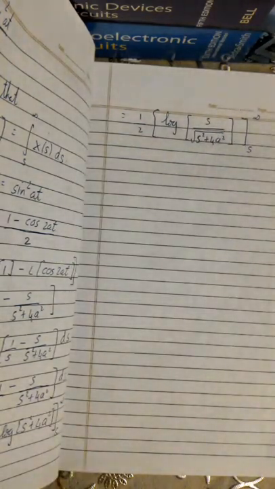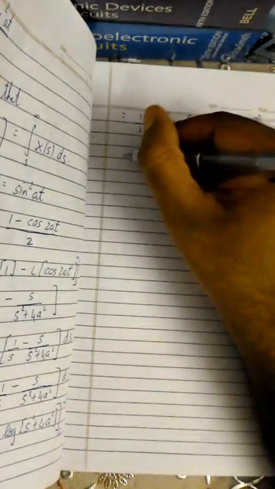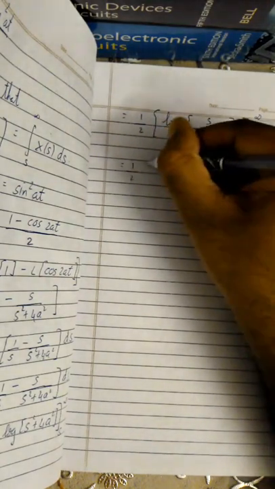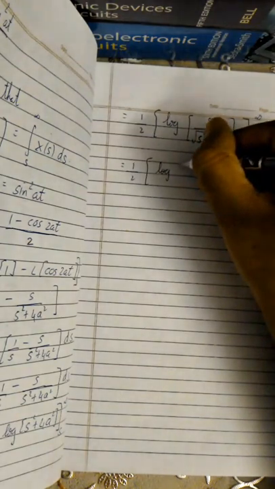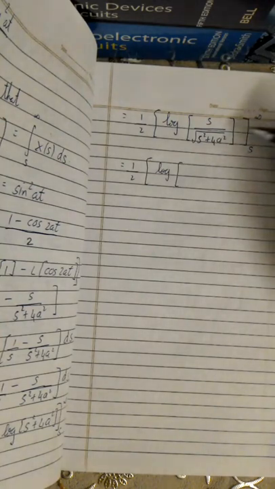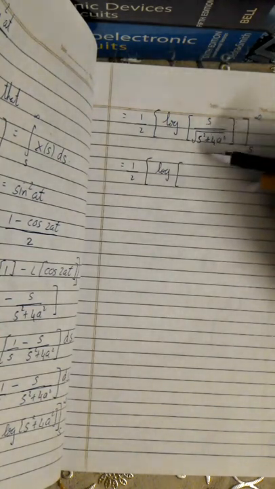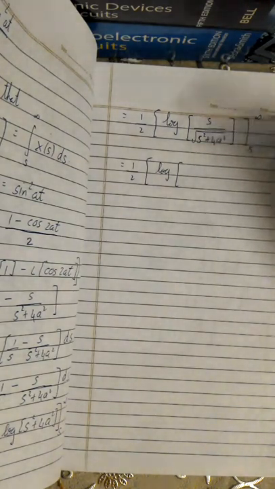Now I'm going to divide the numerator and denominator by s like before. So it will be 1/2 into log of... The reason I'm doing this is because I don't want to get infinity when I'm substituting s as infinity. Wherever possible I can make s into a denominator. If I can put s into the denominator of every value that I see here, then that value becomes 0.